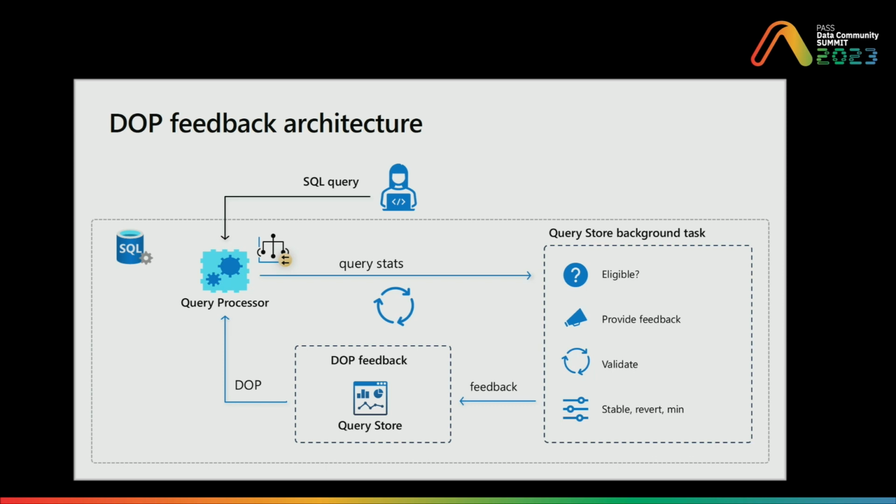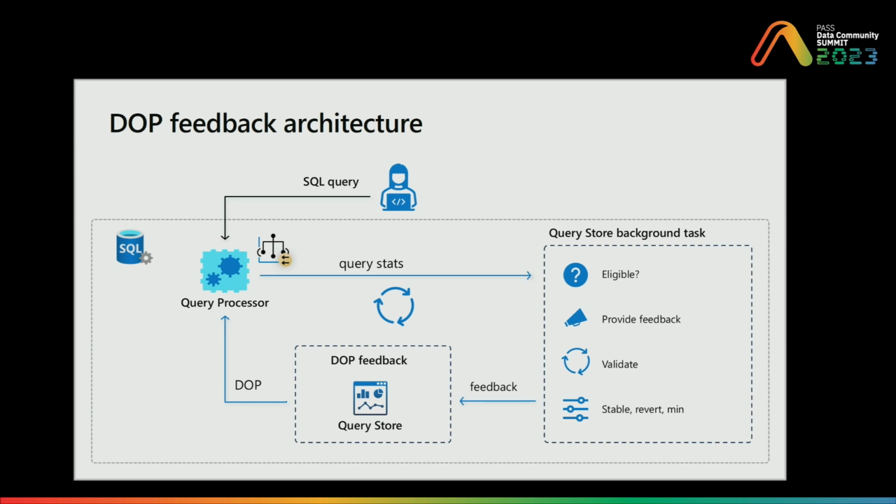We don't look at queries that are super fast, like in milliseconds, and we don't look at queries that have not been executed multiple times. So a one-time query is not going to be eligible for DOP feedback.